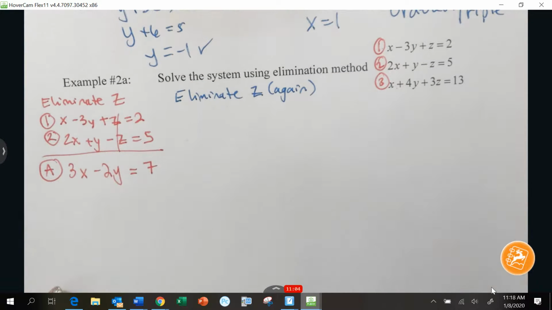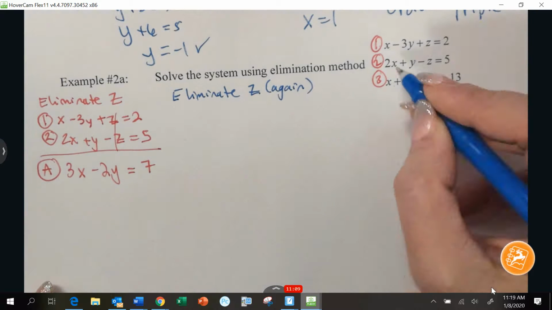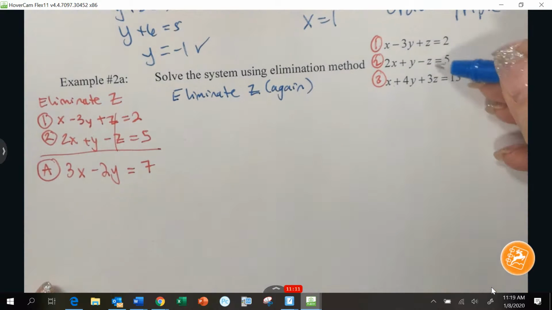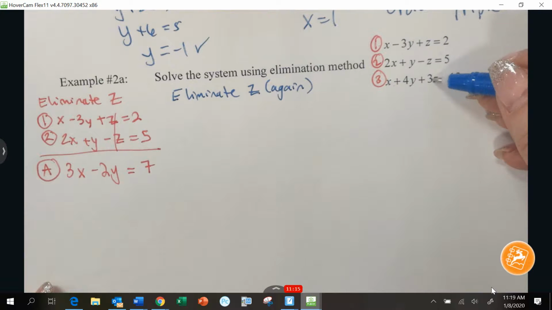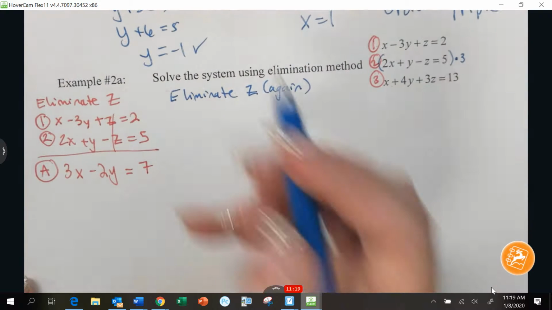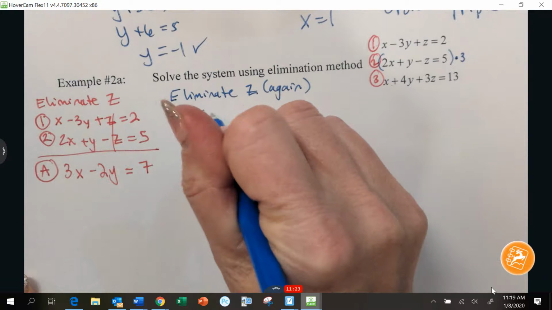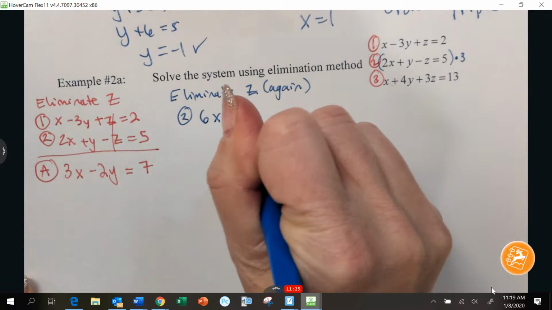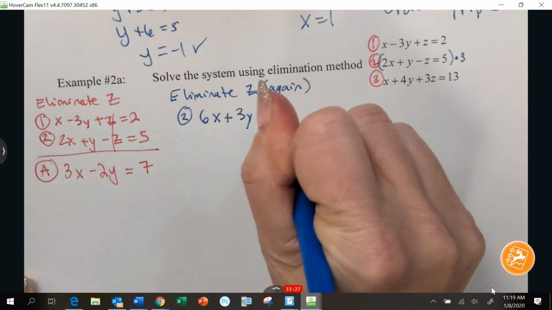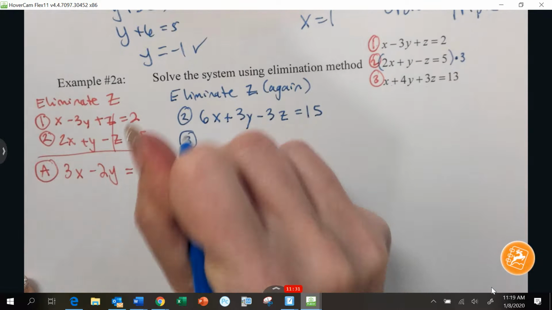If you want to challenge yourself, you can do the others, but maybe just do it all the same way this time. Okay, so in order to do 2 and 3, though, I need them both to have 3's, and this one does not, so we multiply everything by 3. Equation 2 is now going to be, this is one place people make mistakes, especially talking and doing it at the same time. I tend to make mistakes. Try not to.